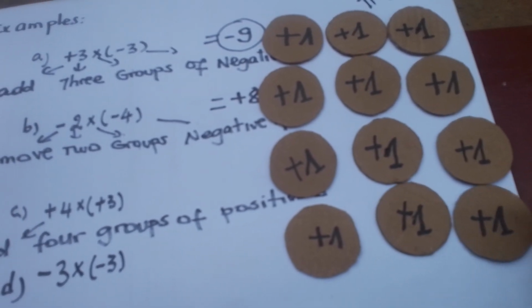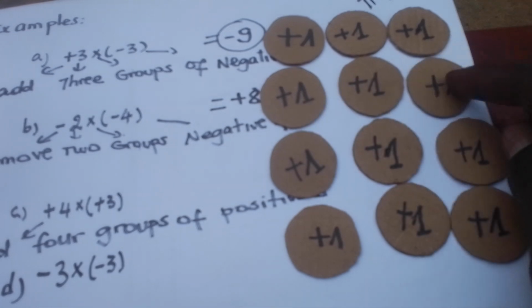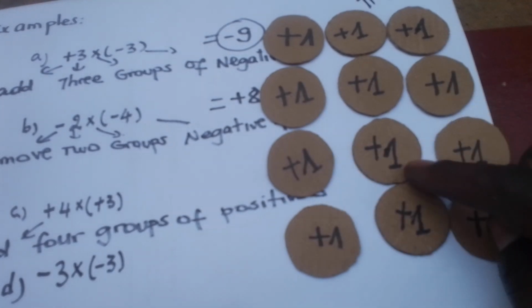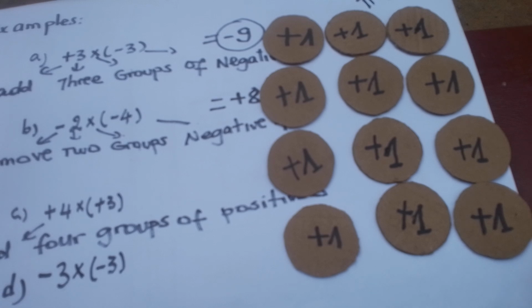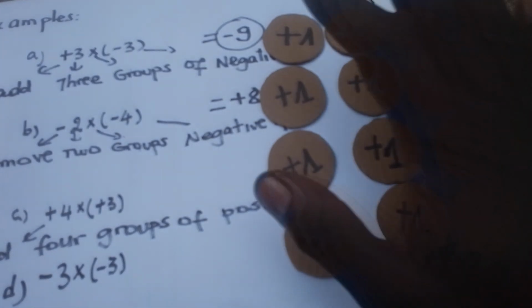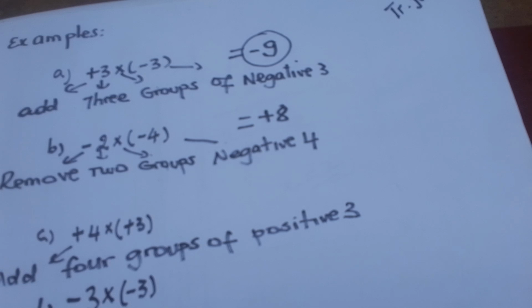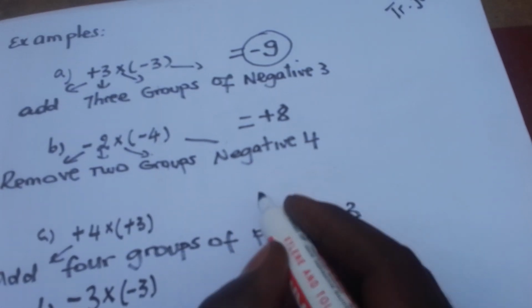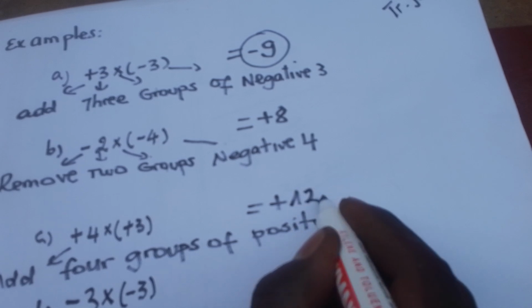Now, if I count these together, I get 1, 2, 3, 4, 5, 6, 7, 8, 9, 10, 11, 12. I get 12 counters with positive value. So the answer here is positive 12.